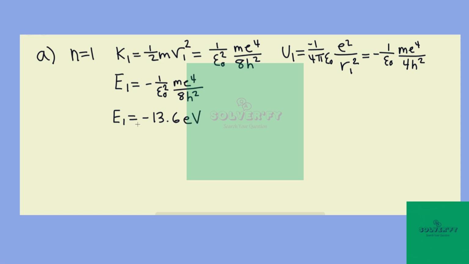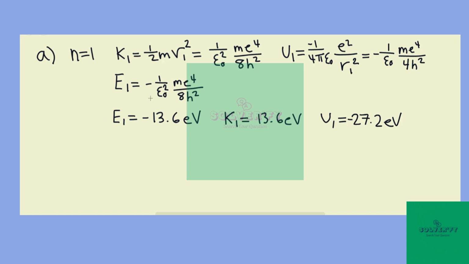That's usually simplified in this expression for energy levels in the Bohr model, so you may not be surprised by that value. Similarly, K1 is simply 13.6 eV, and U1 is -27.2 eV. So those are the numerical values.